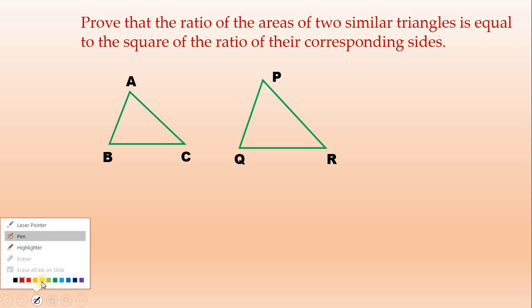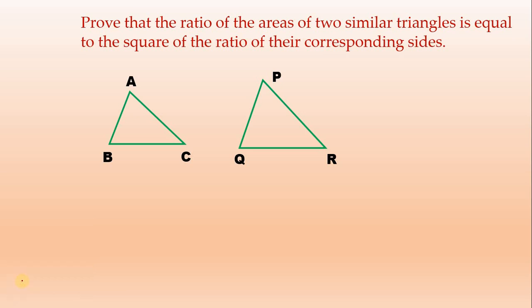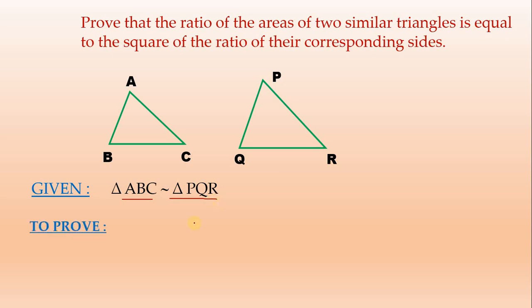As you know, the theorem has to be proved in 4 steps. Very first step is given. Children, look at the figure. Here there are two triangles ABC and PQR. These two are similar triangles. Hence, given is triangle ABC similar to triangle PQR. Next step, to prove.